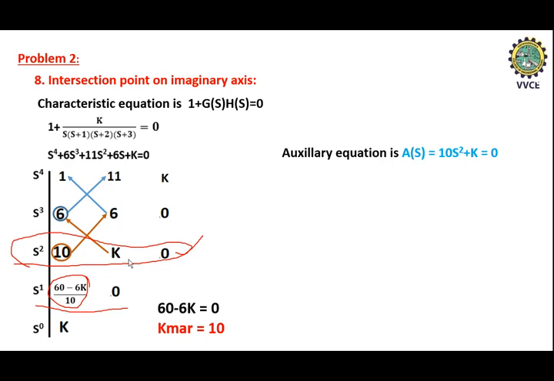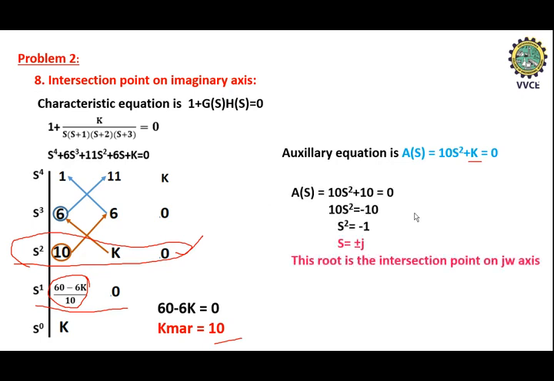From this auxiliary equation we need to find the roots. Before that, substitute the k value. K is 10. 10s square plus 10 equal to 0. 10s square equal to minus 10. s square equal to minus 1. s equal to plus or minus j. So plus or minus j is the intersection point on the j omega axis.